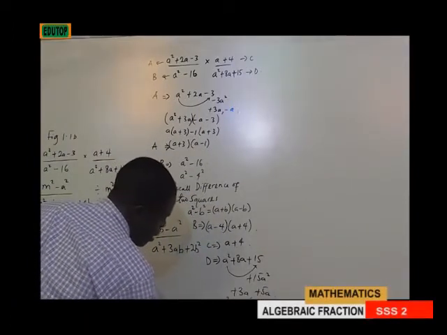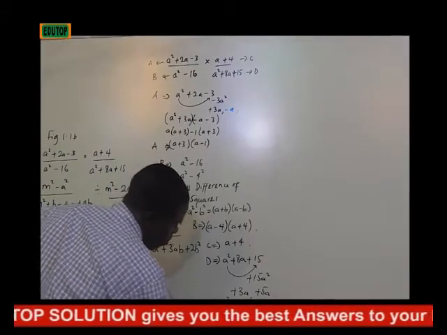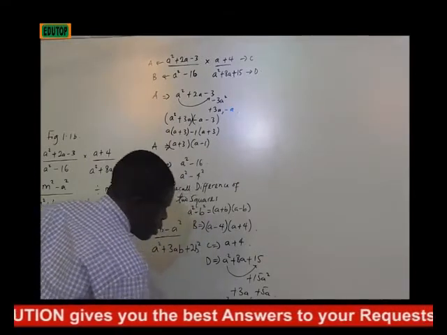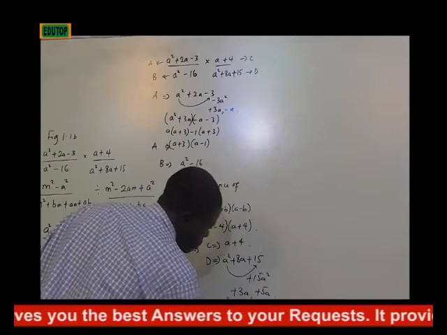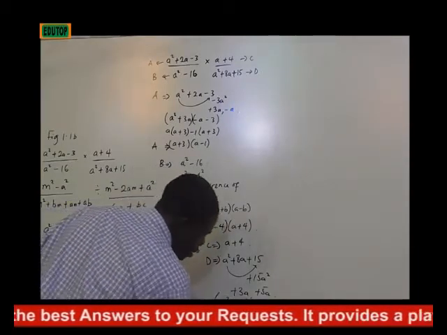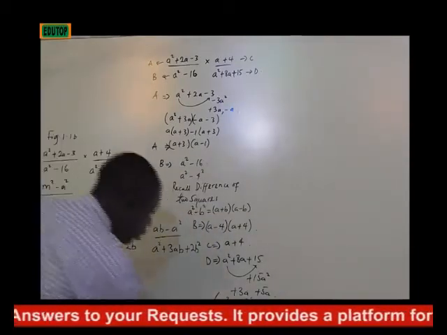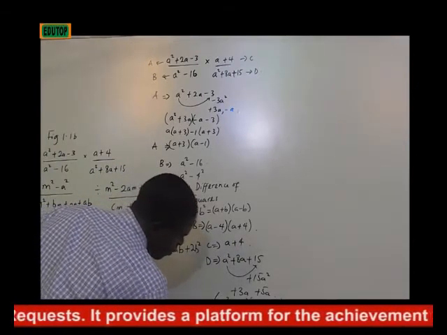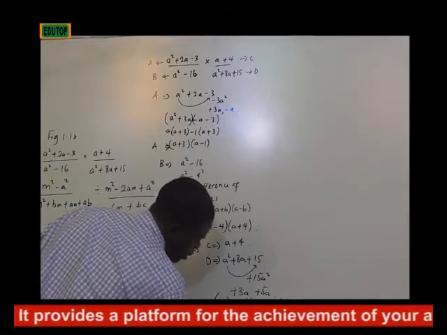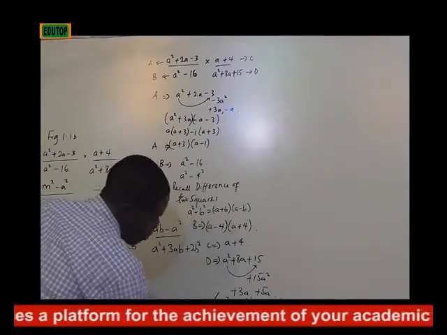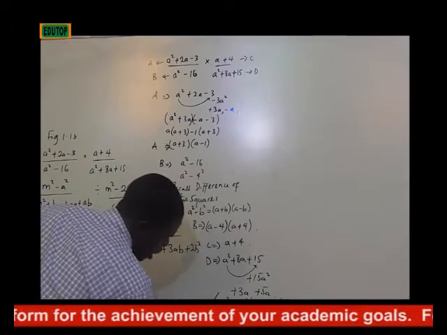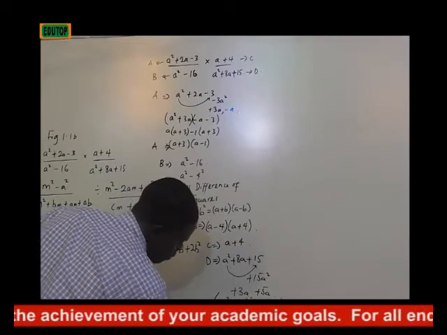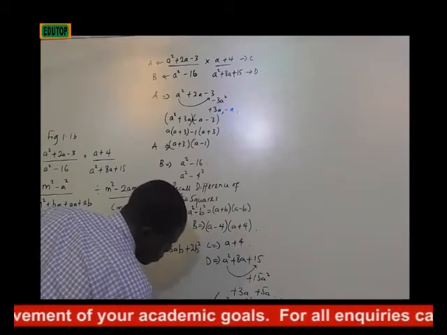I have a squared plus 3a plus 5a plus 15. So I dissect the expression. What is common here? a is common. a plus 3. What is common here? Plus 5 is common. a plus 3. So what's common to this? a plus 3. So I bring that a plus 3 out. Then I'll be left with a plus 5. So this is my D.